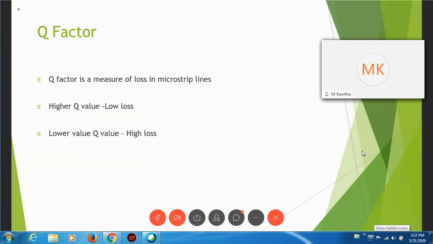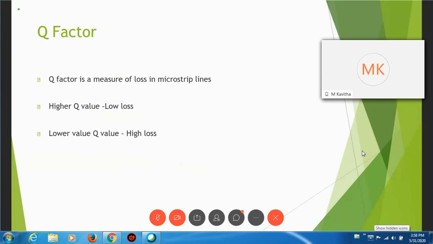Q factor. Q factor is nothing but quality factor. It is a measure of loss in the microstrip lines. If the quality factor is high, then obviously the circuit is well designed, so it has minimum loss, that is low loss. If the quality factor is low, there will be the possibility of more losses.